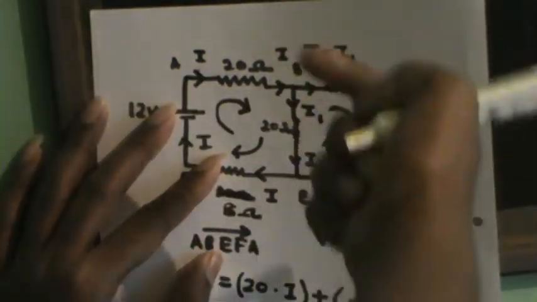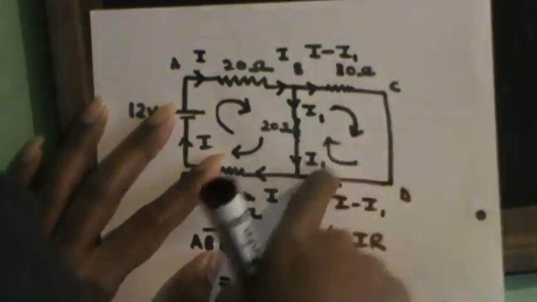But the current is downwards, while we are putting Kirchhoff's law upwards, because we are going from E to B, which means we are opposing the current, so we have to subtract that. The resistance is 20, so the potential difference across that resistor is 20 times I1.